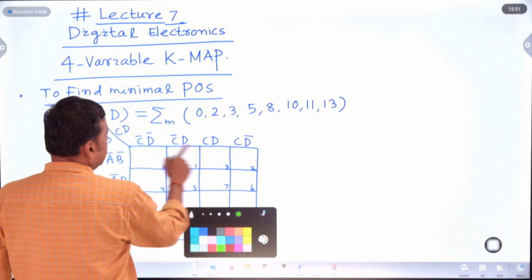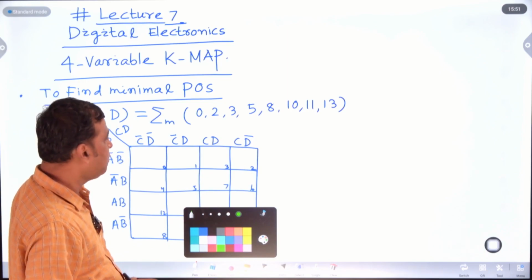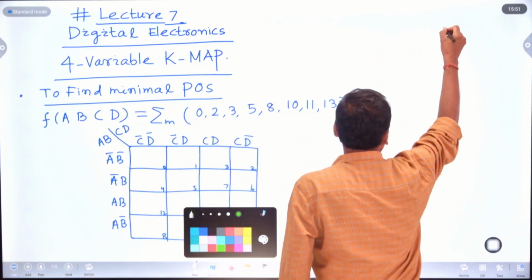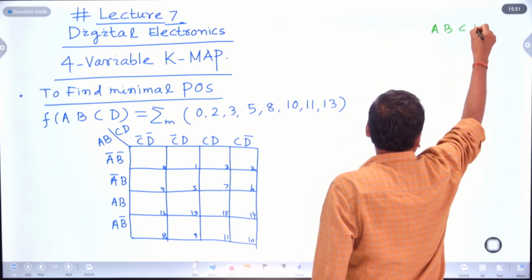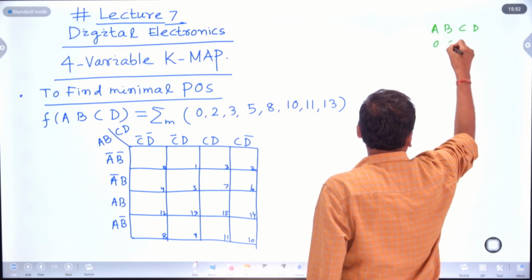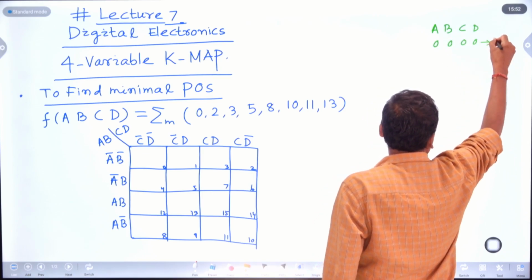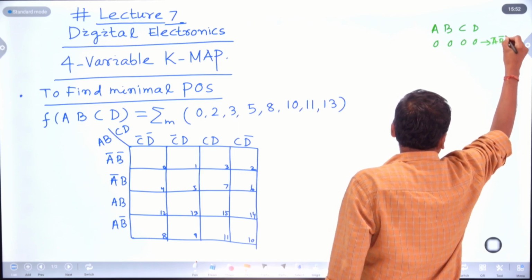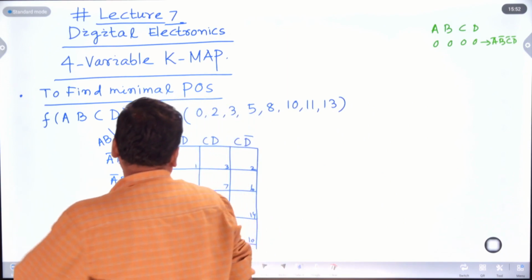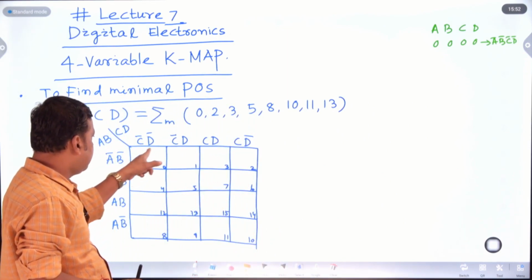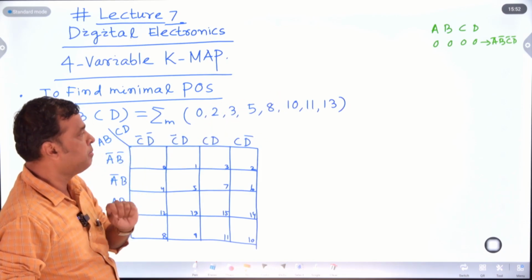A bar, B bar, C, D bar is 0, 0, 1, 0, which is 2. The code is 8, 4, 2, 1 for A, B, C, D. If it is 0, 0, 0, 0, we can say A bar, B bar, C bar, D bar, which is decimal 0 here. I already explained this in the previous class.